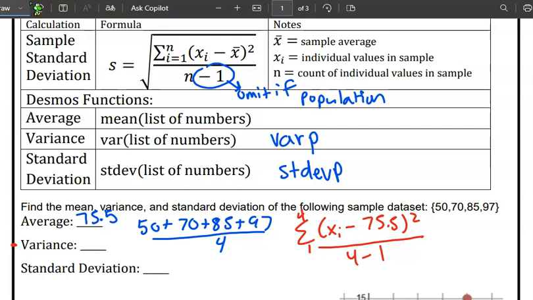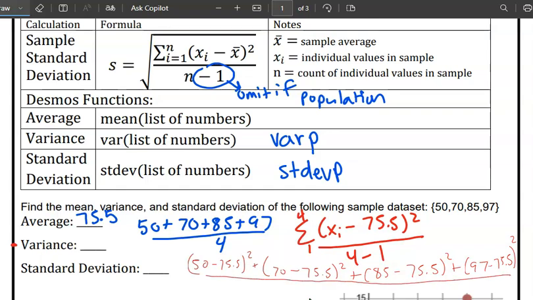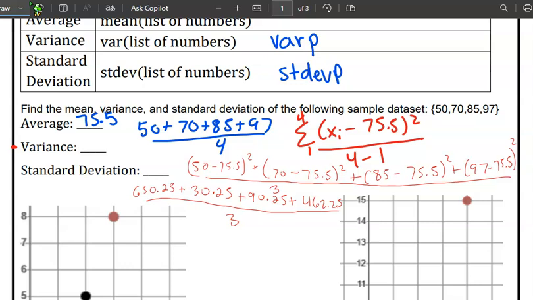If we write these out, you have 50 minus 75.5 squared plus 70 minus 75.5 squared plus 85 minus 75.5 squared plus 97 minus 75.5 squared. And divide that answer by 3. And when you evaluate all of those, you get 411.